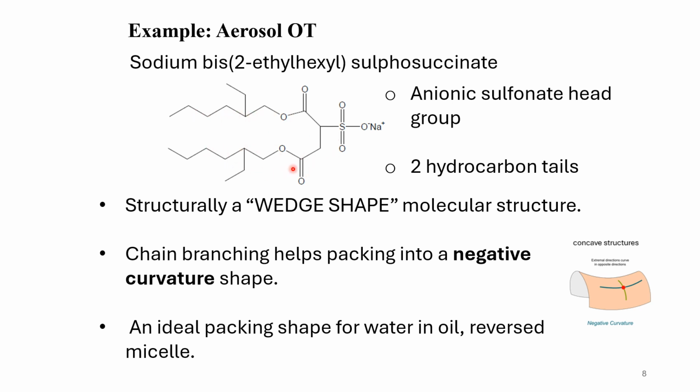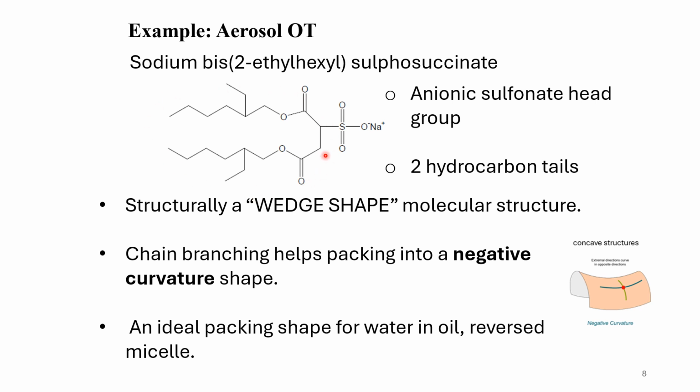So this structure is arranged in a negative curvature shape, similar to this arrangement, whereby the tails point to the outer layer, to the medium, and the head groups point toward one another at the inner part, which is similar to a reverse micelle, due to the very large hydrocarbon tails.